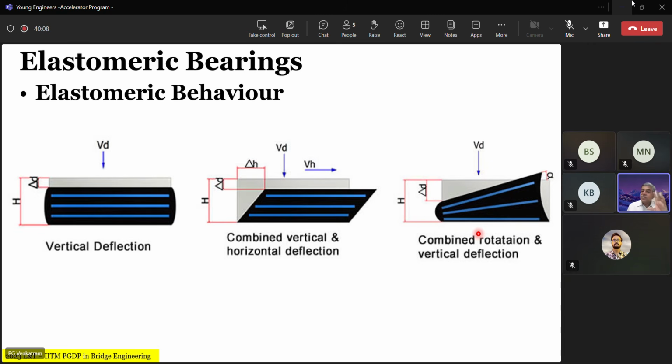Therefore, the sizing should be such that there must be a minimum compression on both ends of the bearing even under the worst rotation. So this is how the load deflection behavior is there for elastomeric bearings, for vertical load, for shear, and for rotation.